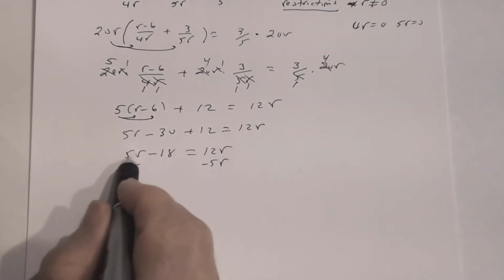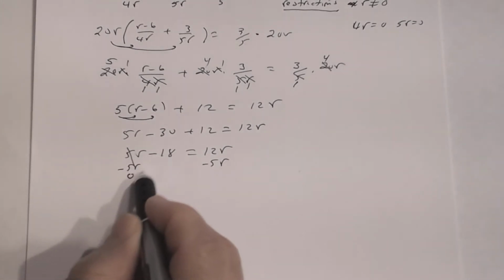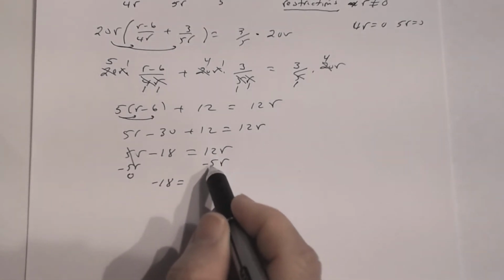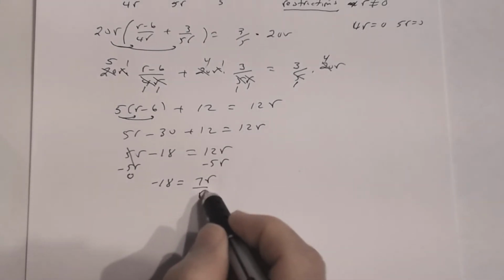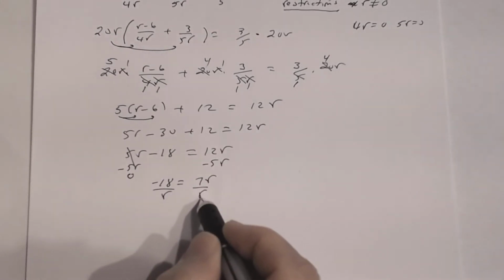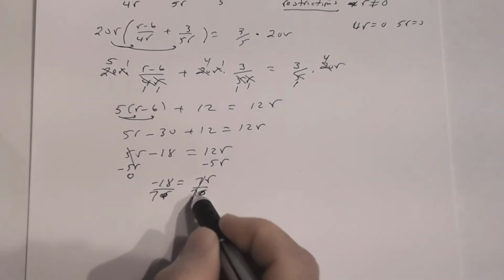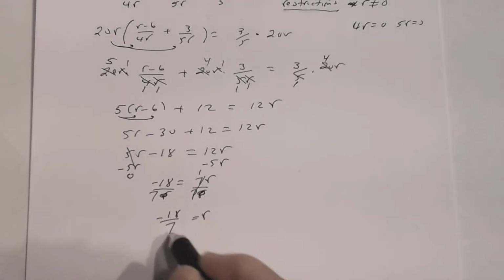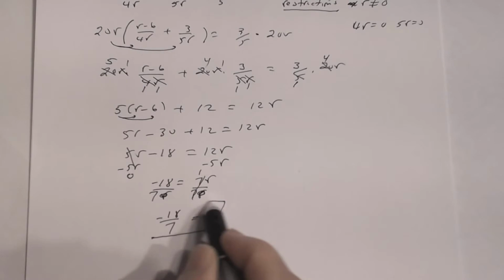And so when you combine like terms, I get 0 here, 0 and a negative 18 is a negative 18, equals 7r. And then you divide by 7, and you found your solution. Oops, sorry, 7 divided by 7 is 1. So you get r to be negative 18 sevenths. And if you can reduce the negative 18 sevenths, you do that.